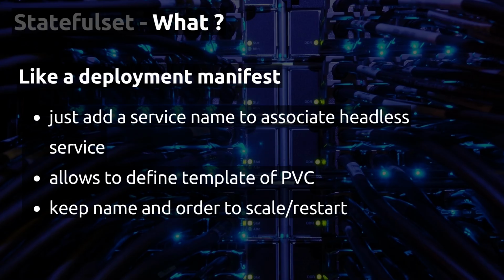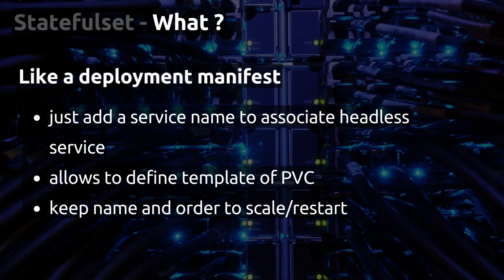So like I said, you just need to add the service name inside the stateful set, and you need to create a headless service, so cluster IP set to none, and associate it inside the manifest.